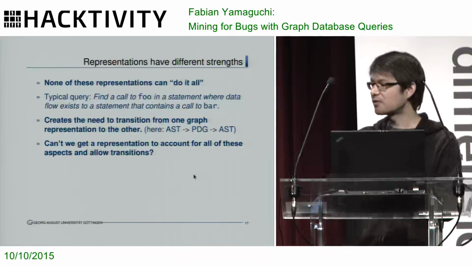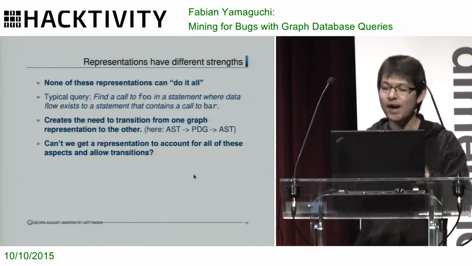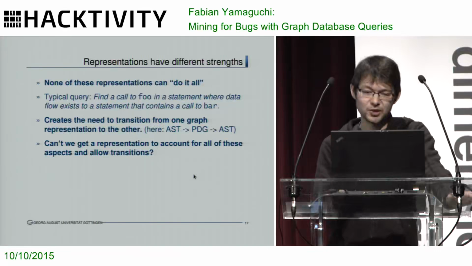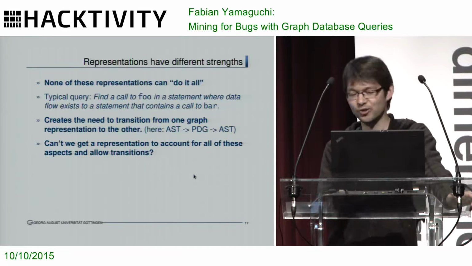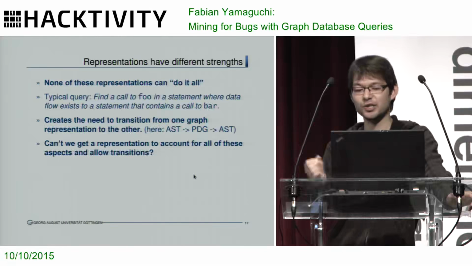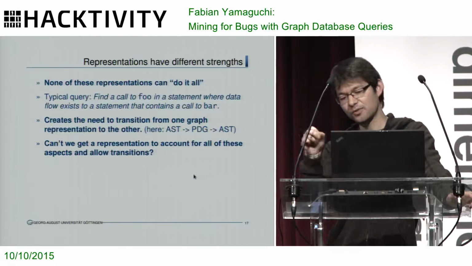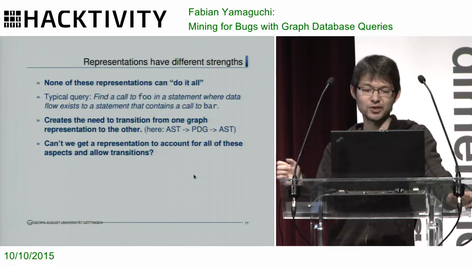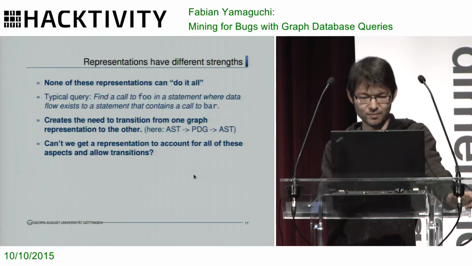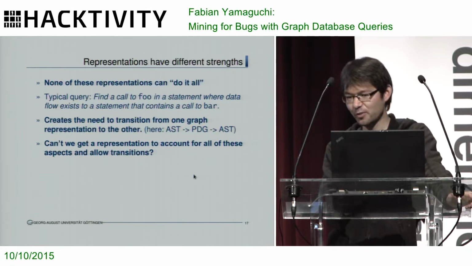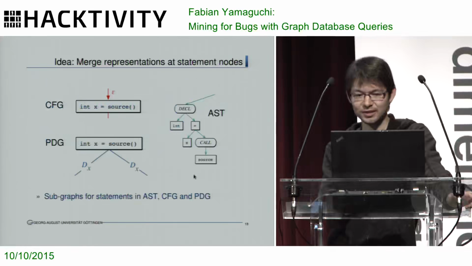And then again, when you follow the data flow link, you want to go back into the syntax because you want to find calls to bar. So there's this need to create transitions from the syntax tree to the dependence graph and back to the syntax tree. And the question is, can we get a representation that has it all?